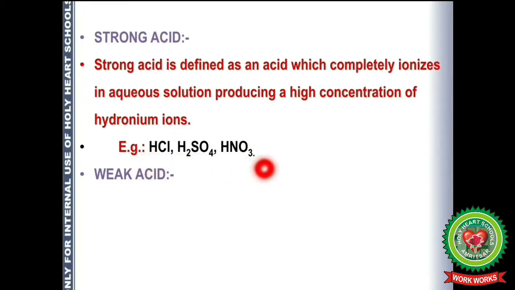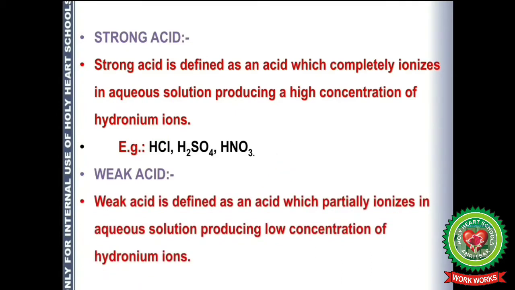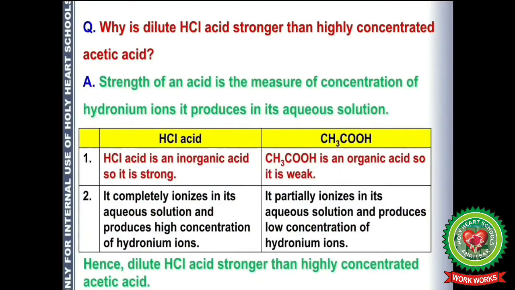They produce a high concentration because they are completely ionizable in water. A weak acid is defined as an acid which partially ionizes in aqueous solution, producing a low concentration of hydronium ions. In this case, the acid will be in the form of ions and in the form of molecules when it dissolves in water. Examples: acetic acid and carbonic acid.